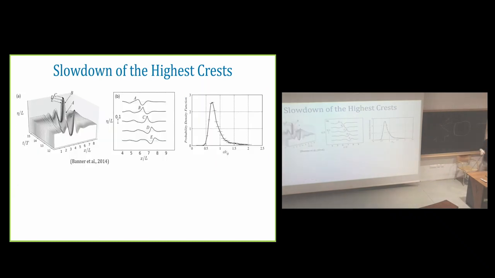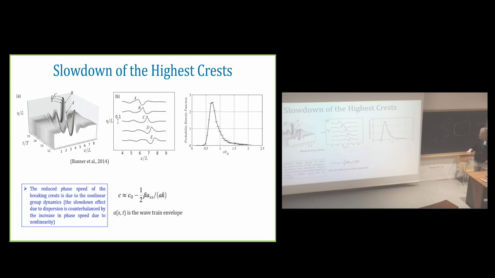A few years before, Mike Banner et al., using a numerical model of space-time and stereo data, did the same, and this is the PDF of that ratio C over C0. 0.8 can be considered a good number for the reduction of the crest speed compared to what is expected by the linear theory, and there's a cool explanation that takes into account the curvature of the envelope at the focusing point. You can find details in Banner et al.